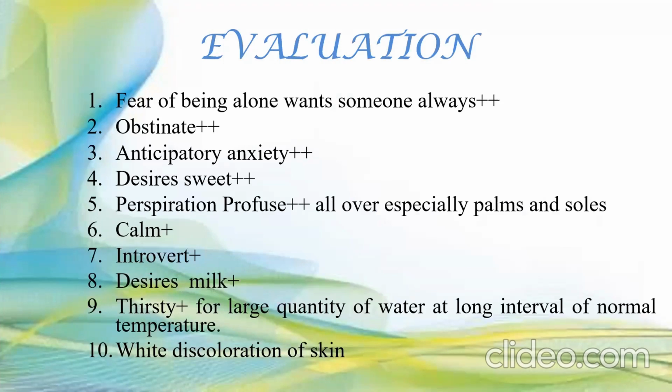Evaluation: symptoms taken are fear of being alone, wants someone always, obstinate, anticipatory anxiety, desire for sweet, perspiration profuse all over especially palms and soles, calm, introvert, desire for milk, thirsty, and white discoloration of skin.